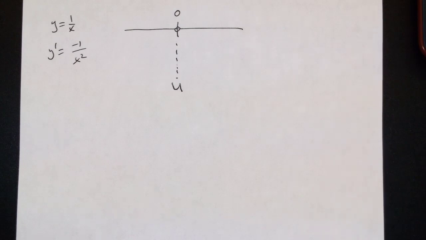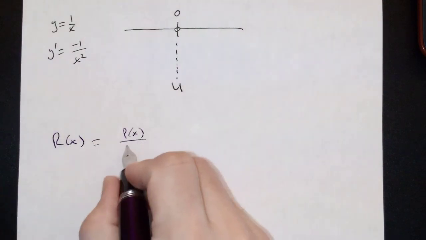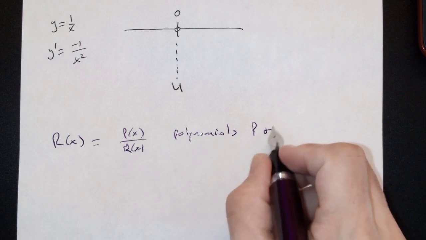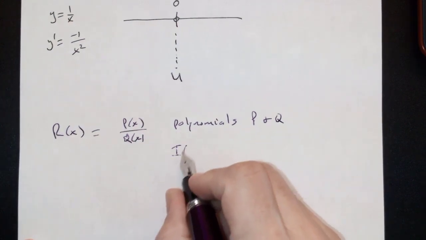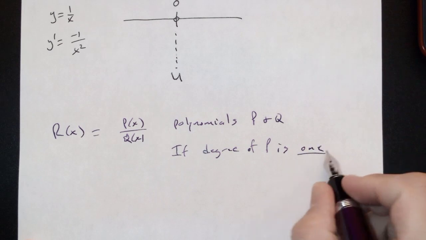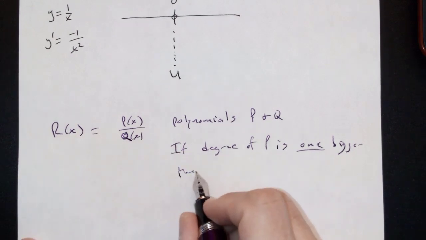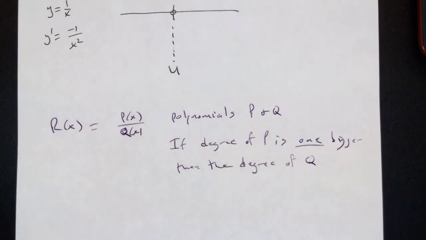For functions that are rational, if the degree of the top is 1 bigger than the bottom, then we actually have an asymptote that's diagonal.